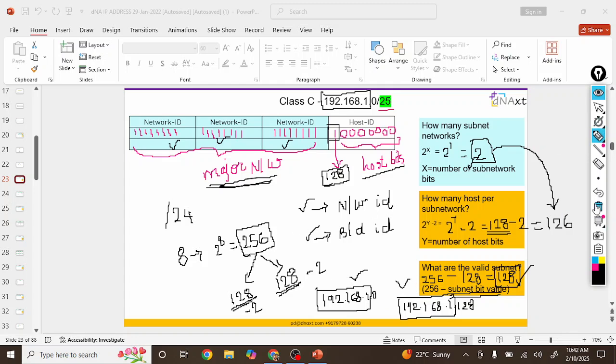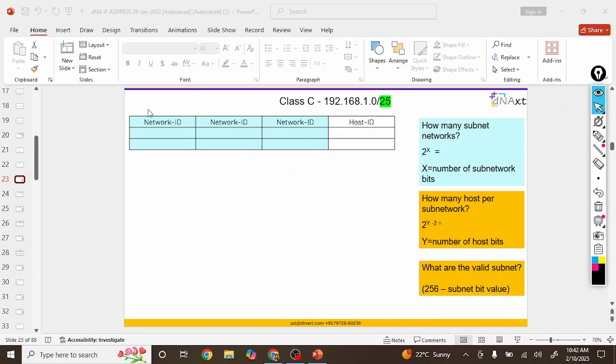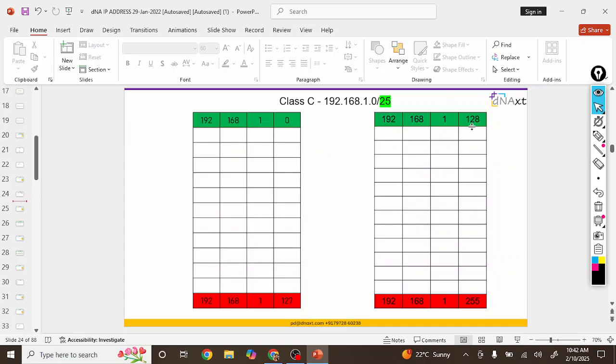Let's talk about them in detail. These are the two subnetworks that you will get: 192.168.1.0 and, with the increment of 128, 192.168.1.128.